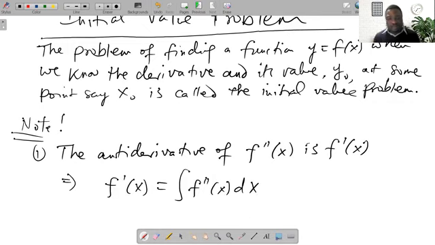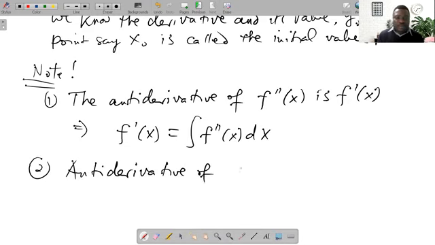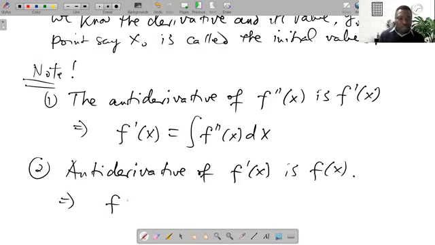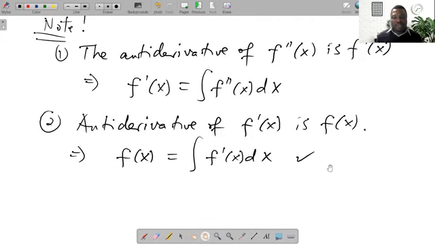This is always true. Okay. So take note of that. 2. The antiderivative of f prime of x is the actual function itself. So that means that f of x is equal to the integral of f prime of x dx. So please take note of this all the time.